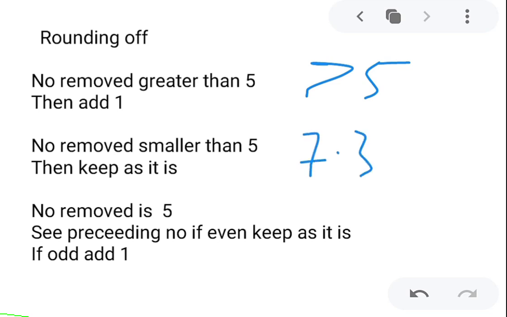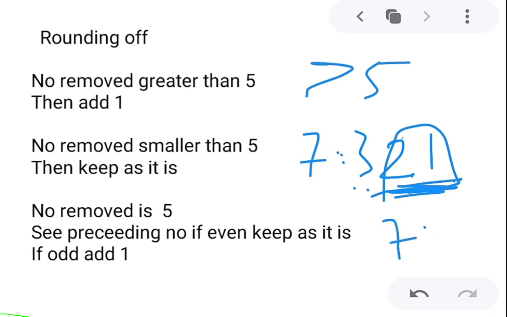For example, 7.394, I want to remove these both, then your answer becomes 7.4. Now if your number is less than 5, that is 7.321, and you want to remove these two digits, because in your addition the significant digit answer should be 1 only, then your answer should be 7.3.